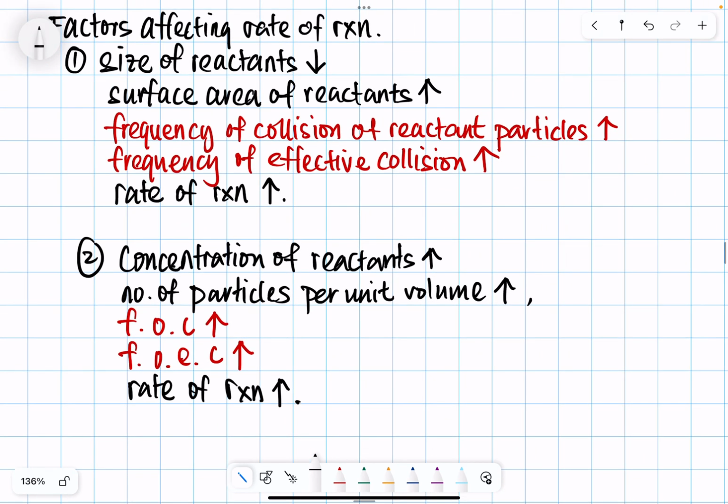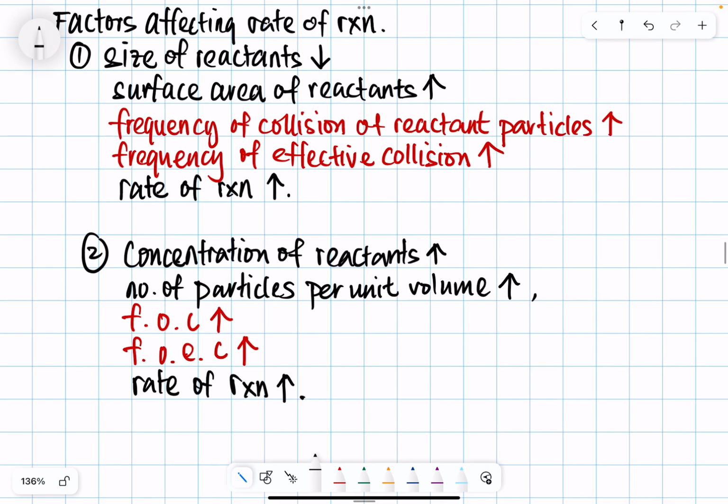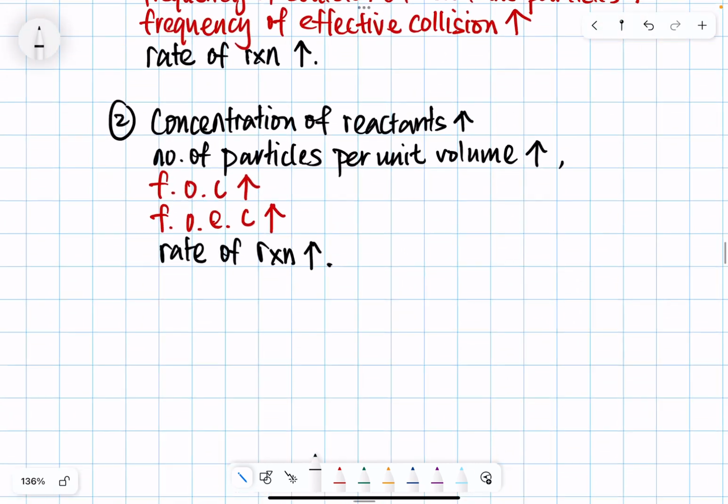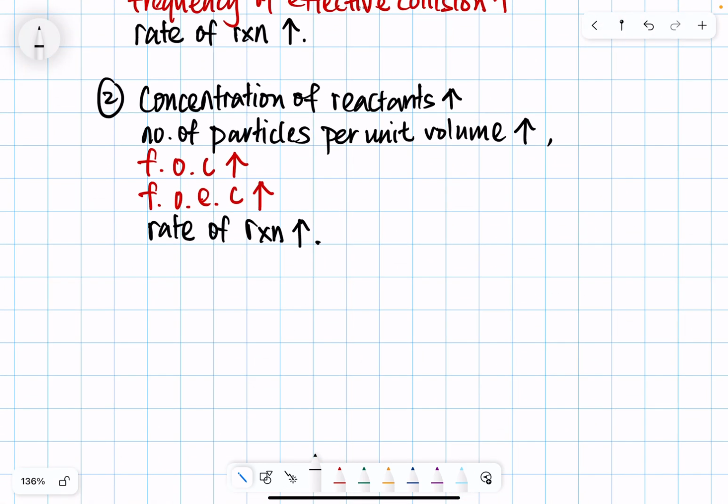Now, after that, what else do we have? We also have the pressure of gas. What is going to happen? Here's the interesting one. The way it can be written is exactly the same as the concentration of the reactants, but that only applies to gas particles.